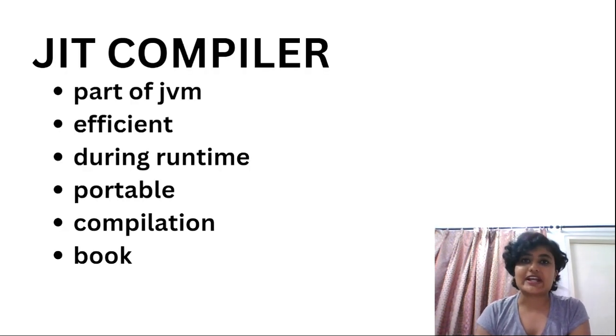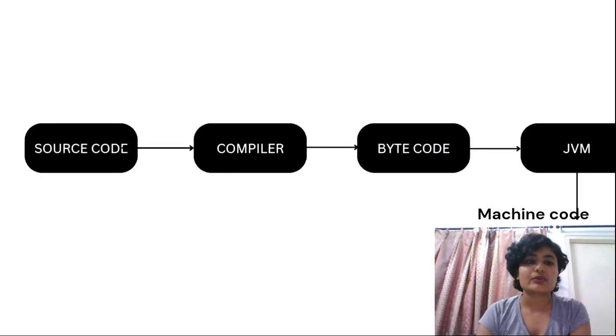So, what is JIT? JIT is the just-in-time compiler. It is a part of the JVM and it makes your Java virtual machine more efficient. Over here we learned that JVM converts your bytecode into machine code after your bytecode has completely been converted.